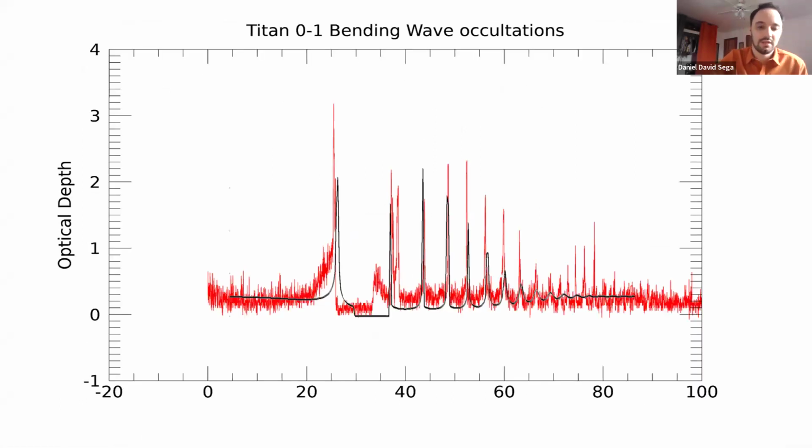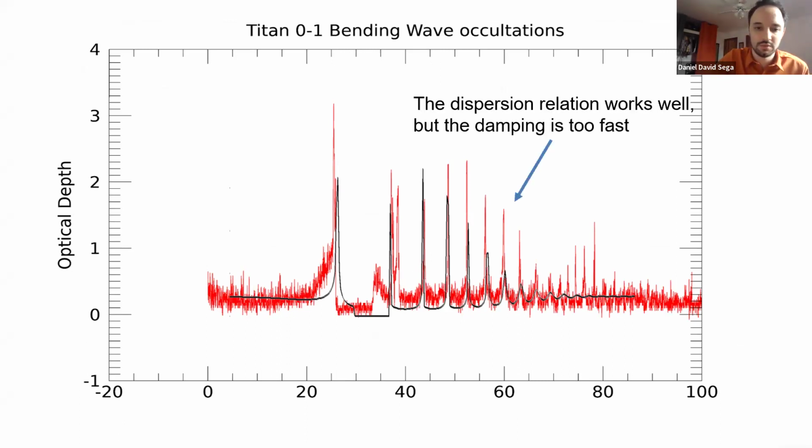Here's a comparison, and the first thing that I see is, well, the peaks in optical depth seem to get bigger and then smaller, and that's not what you would expect if the evolution of the amplitude were what it normally is when the wave doesn't break, which is what we're modeling.